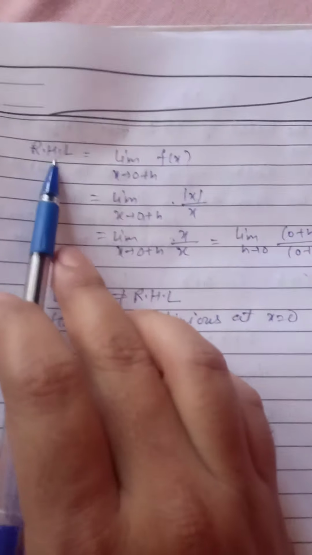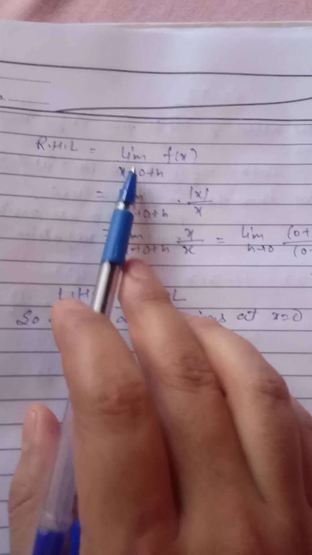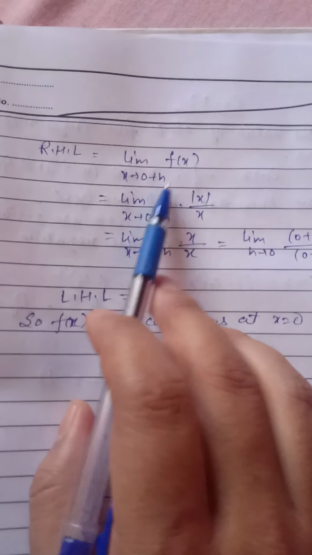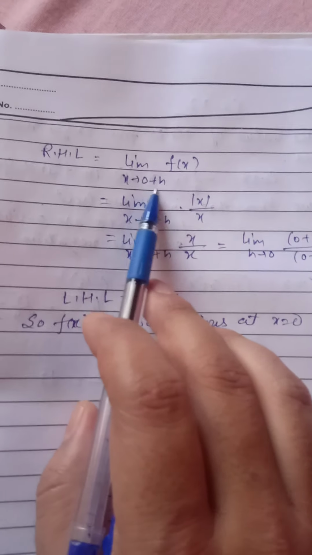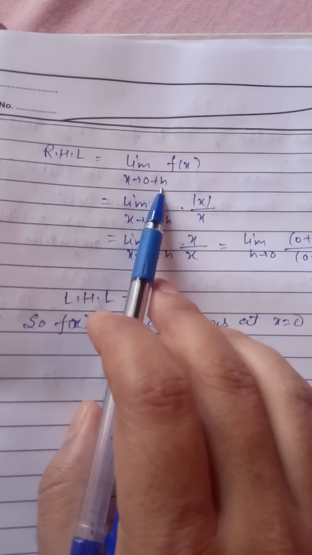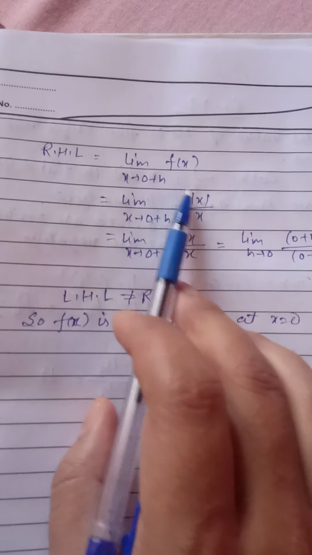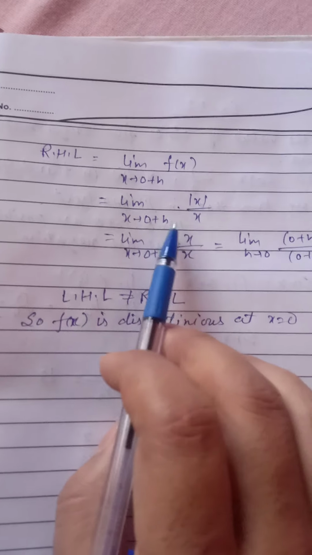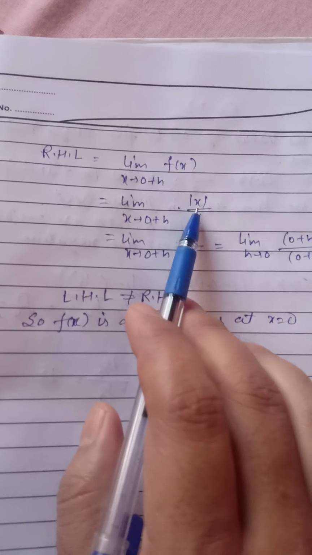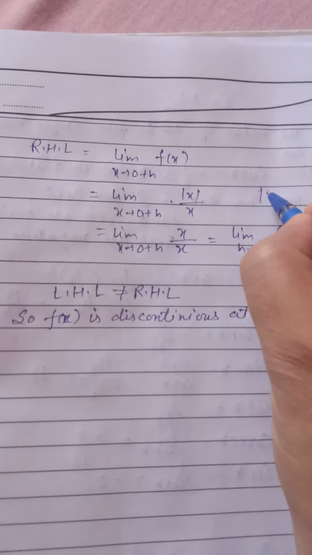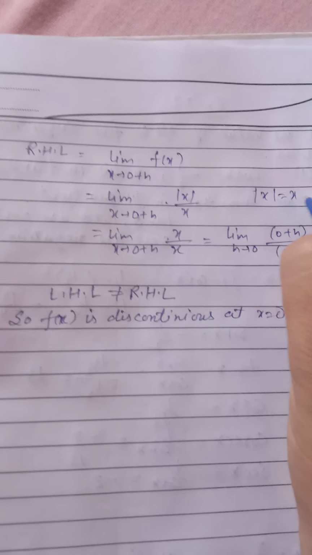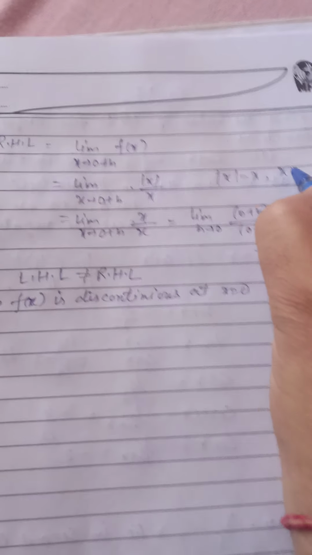So now we will find the RHL. We'll put limit x tends to 0 plus h of f(x). Since 0 plus h is not equal to 0, the value of the function is mod x upon x again. As we know, the value of mod x is x when x is greater than 0.